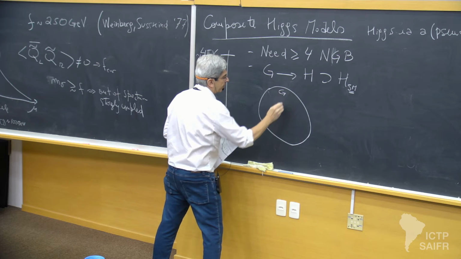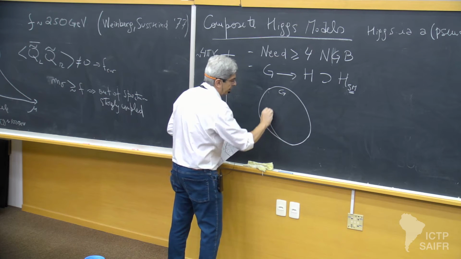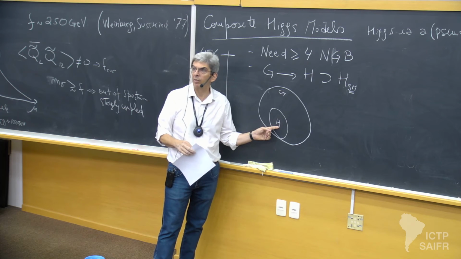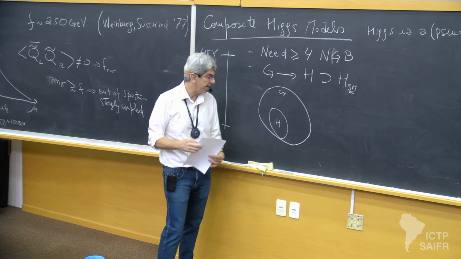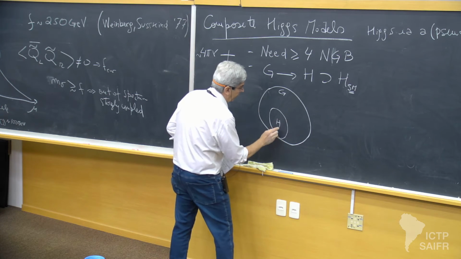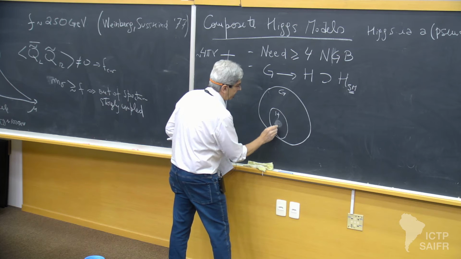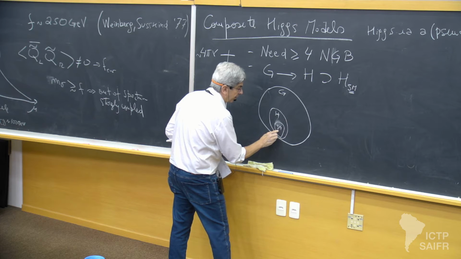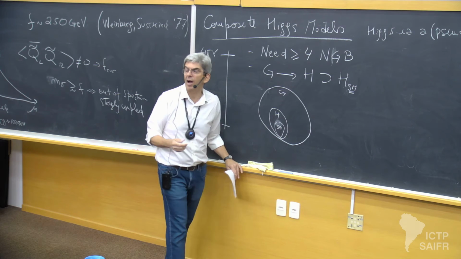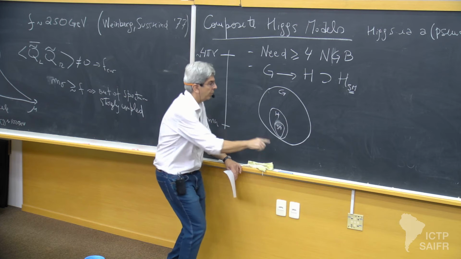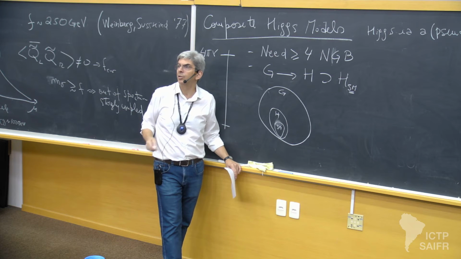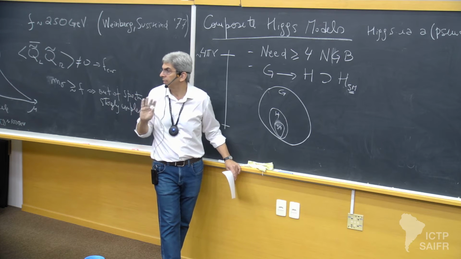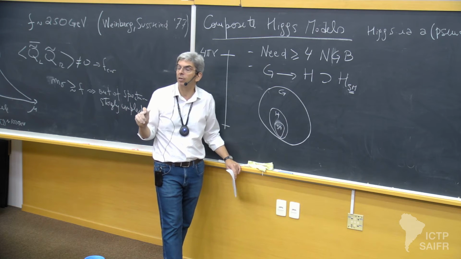Here is G. There's a subgroup of G, which is H, which is the unbroken generators of the global symmetry. Inside H, I'm also going to have the standard model, which is gauged. Now, the gauge interactions and also the Yukawa interactions of the standard model do not respect this large global symmetry. And so they break it explicitly, and they will generate a potential or a mass for the Higgs. That's the idea, okay? That's what the composite Higgs is.